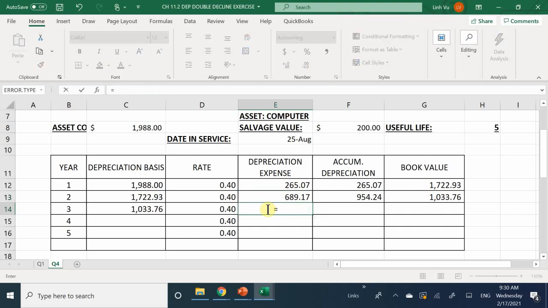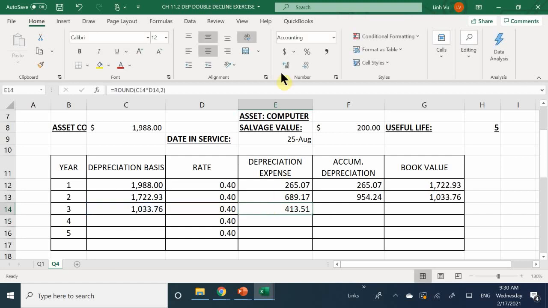Mine comes out 413.504. Let me expand it and see why it's that one.